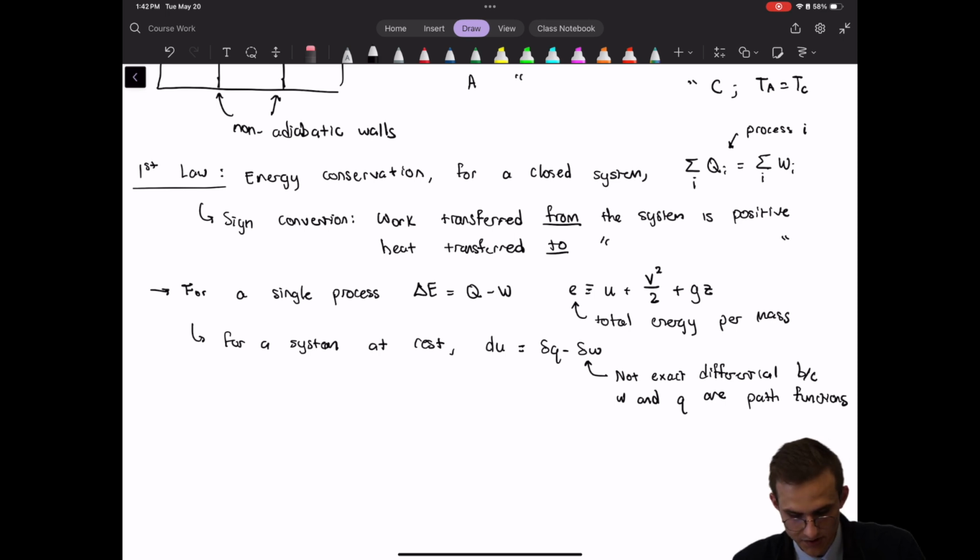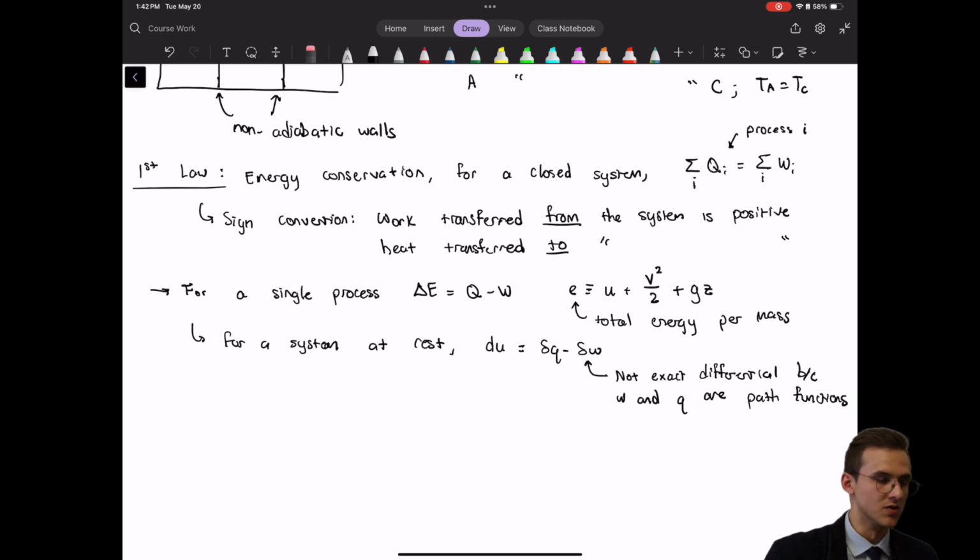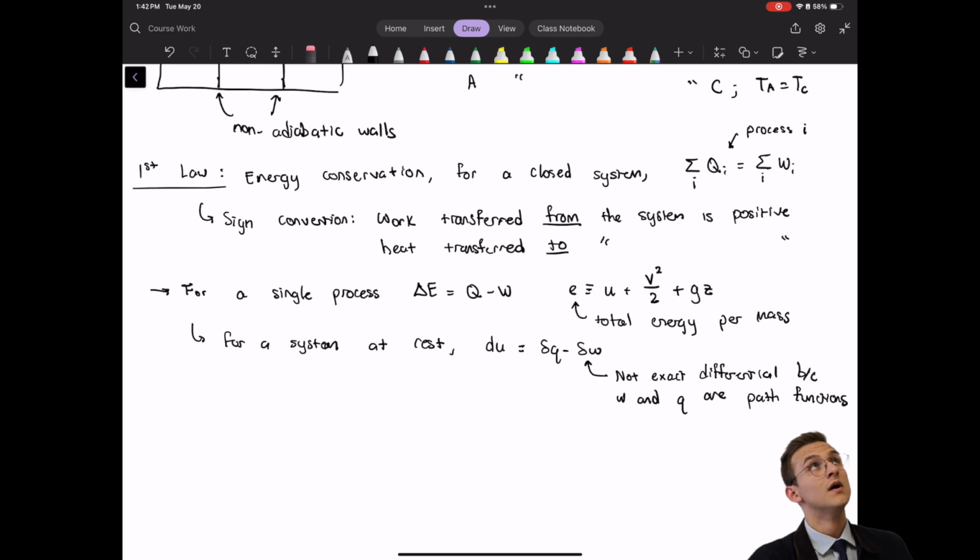Okay, what's a path function? The work and the heat don't have a value at a certain state, right? You have to move from one state to another for work and heat to be transferred or to occur. So that's why they're called path functions.